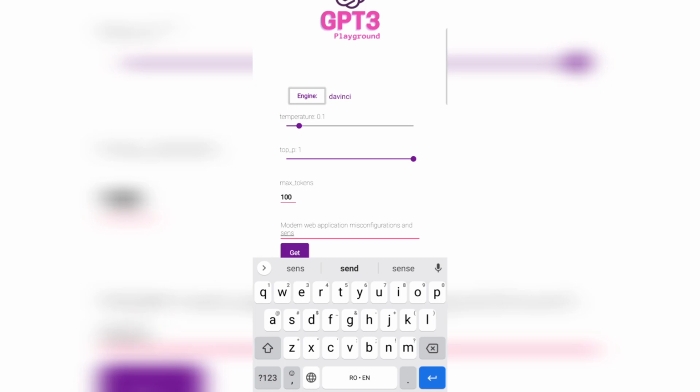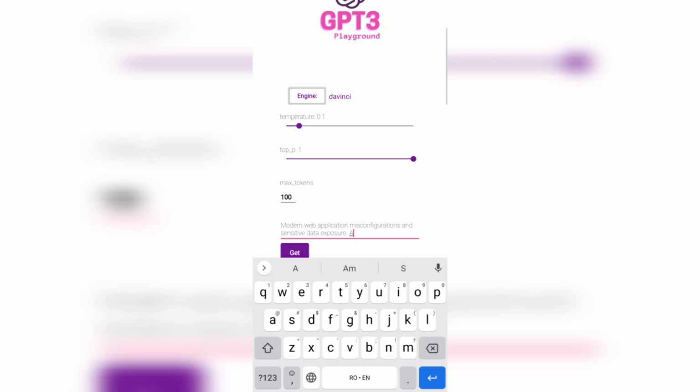So this is what I'm mostly focusing on when I test networks, mobile apps, and web apps, which I hate the most. Modern web application misconfigurations and sensitive data exposure.